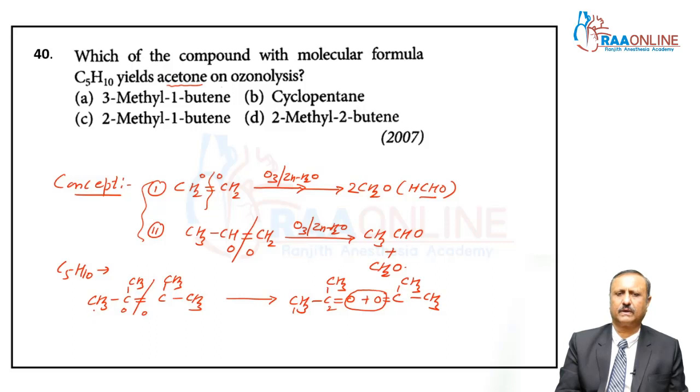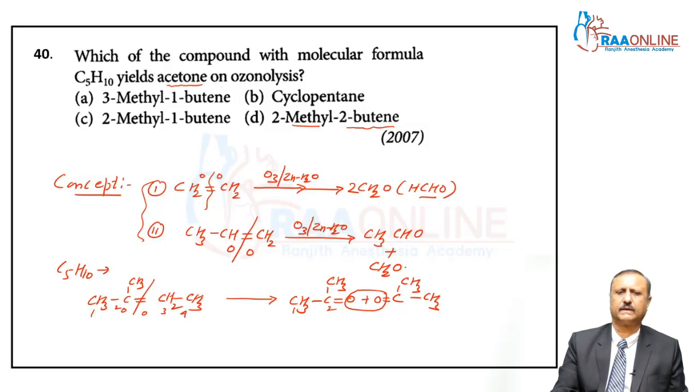But this compound is a 1, 2, 3, 4, this is a 2,3-dimethylbutene. Here, 2-butene gives us ketones, while 1-butene does not. And in 2-methyl-2-butene, 1 methyl is less, which means you remove this 1 methyl and H is added.